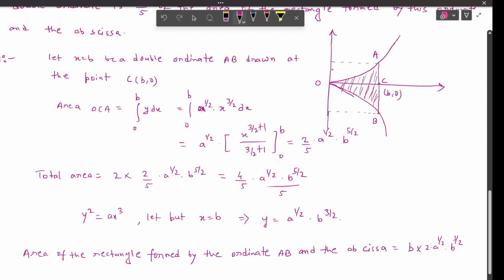See, this y is a to the power half into b to the power 3 by 2. So it is symmetrical. So this should be your total length, and this is twice of a to the power half into b to the power 3 by 2. And we know the breadth, that is b. So b into twice a to the power half into b to the power 3 by 2.